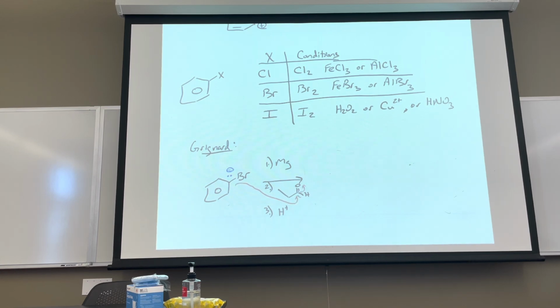And so upon workup, what we would get is the benzene ring now that has that 3-carbon group on it. So that's the primary use of these halogenation reactions on the benzene. They allow us to make Grignard reagents, which allow us to incorporate the benzene rings into molecules.